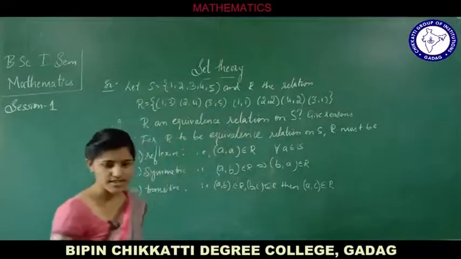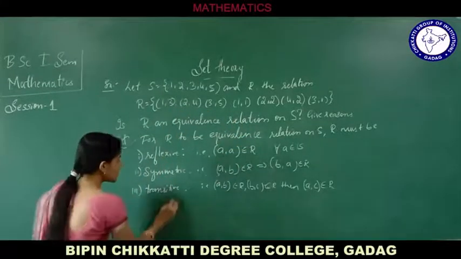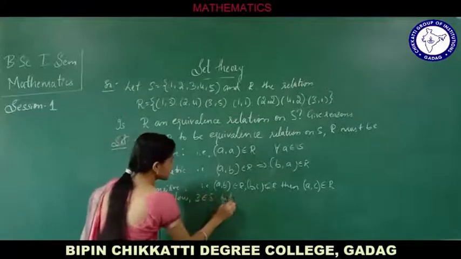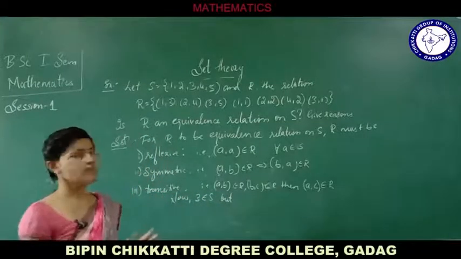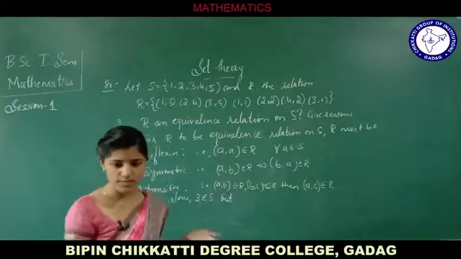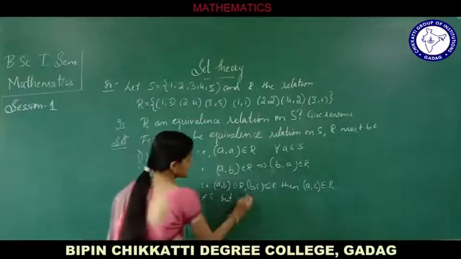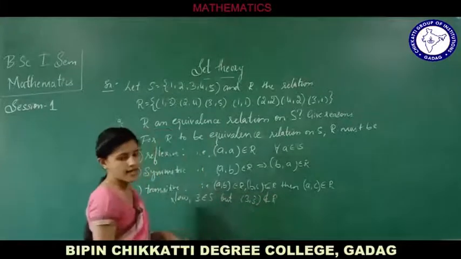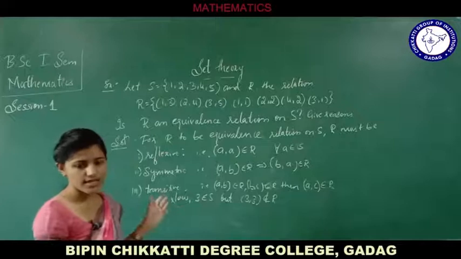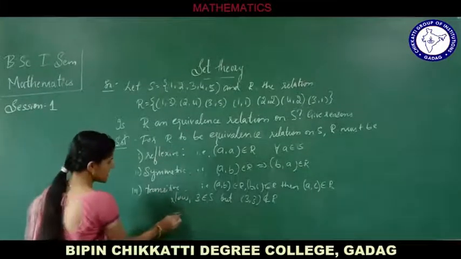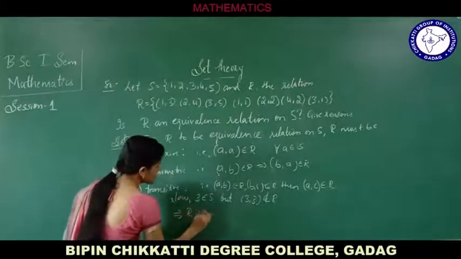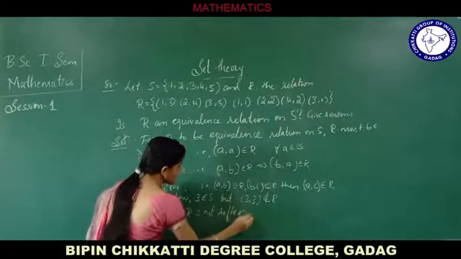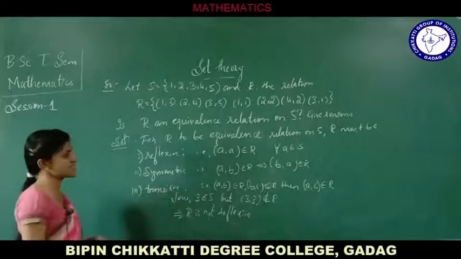Now 3 belongs to S, but (3, 3) doesn't belong to R. Hence, R is not reflexive. The first condition itself is not satisfied.